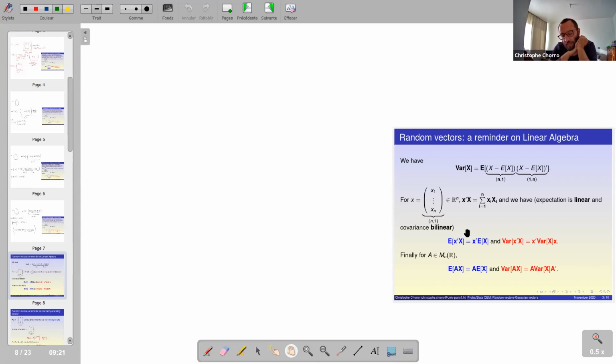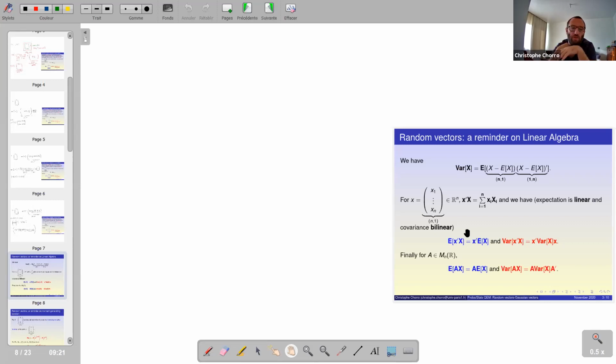We have also seen together that the covariance is bilinear, implying that the variance is a quadratic form, okay? And I know the rules of computation if I want to compute the variance of a linear combination. The variance of a linear combination is not the linear combination of the variances, okay?